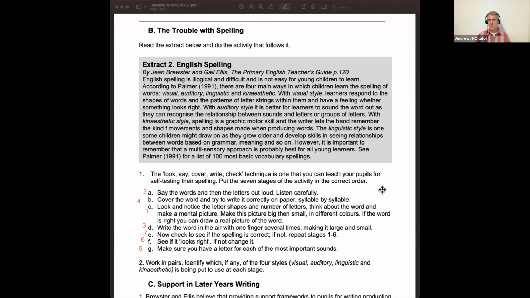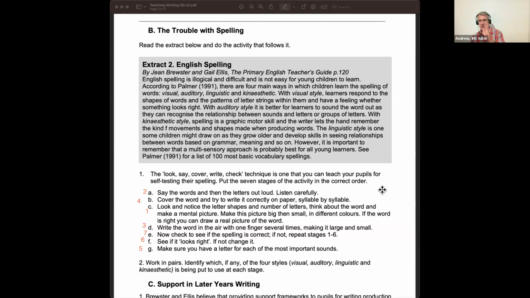Maybe at the start of term you could teach this technique and see if it works with the students, see if they like it, demonstrate it in the class, and then have the spelling test maybe a week later and see how well they do.